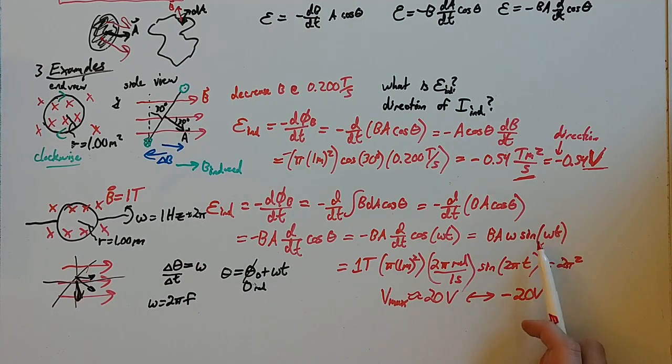But then the sign will change and we'll get current the other direction. So we'll get current one way, then the other way, then one way, then the other way. And this is how we generate alternating current. How generators work is you take a current loop, you spin it in a magnetic field, and voila, you have created an AC current generator.